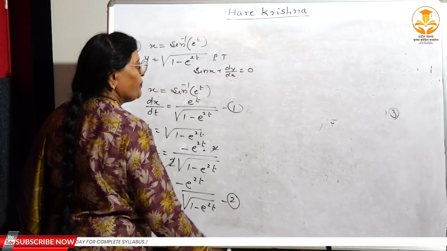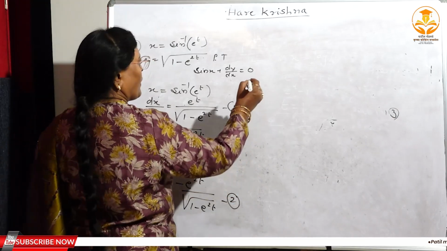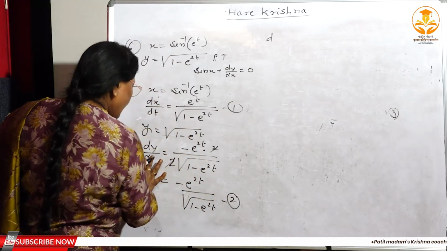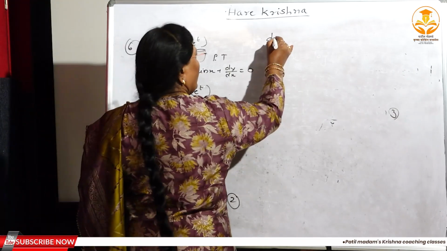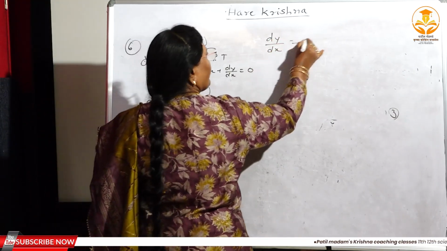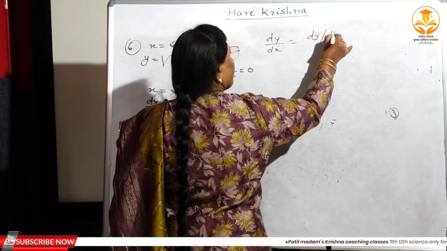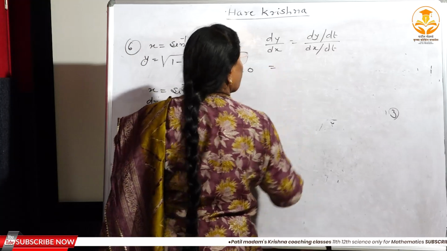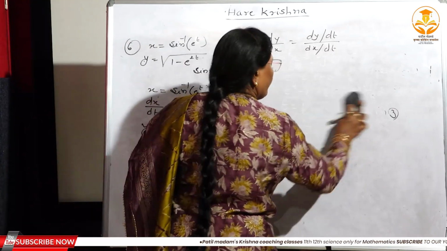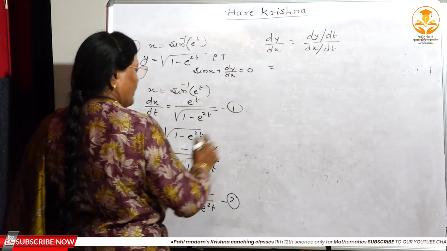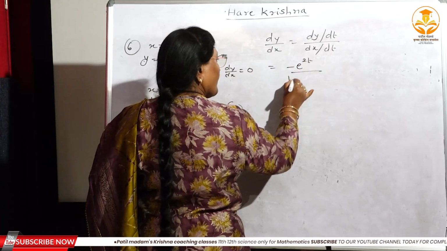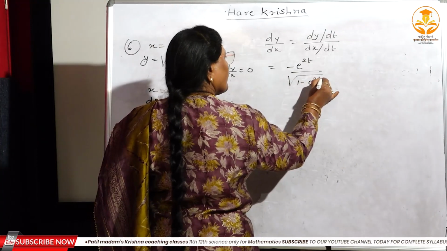This is same. Again, by applying the formula, dy by dx is equal to dy by dt divided by dx by dt. See, what is dy by dt? Minus e raised to 2t divided by root of 1 minus e raised to 2t.